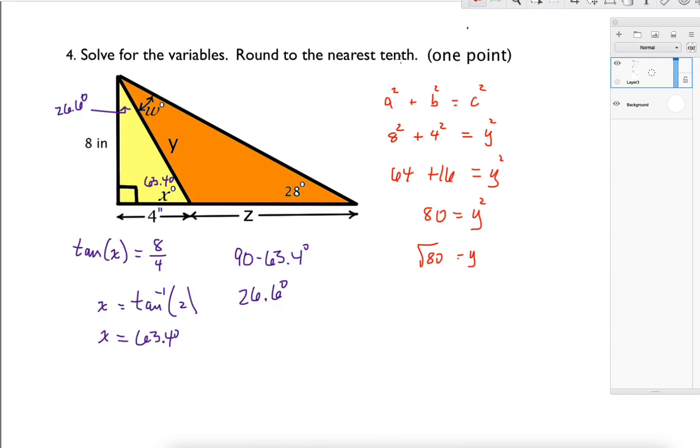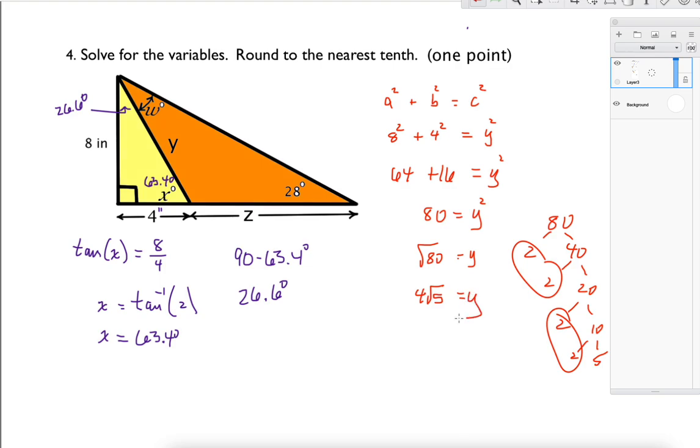It says round to the nearest tenth. I guess we could do that for this one. I don't know. I kind of want the angles to the nearest tenth. Let's just simplify this in radical form. Four root 5. So 4 root 5 is y.